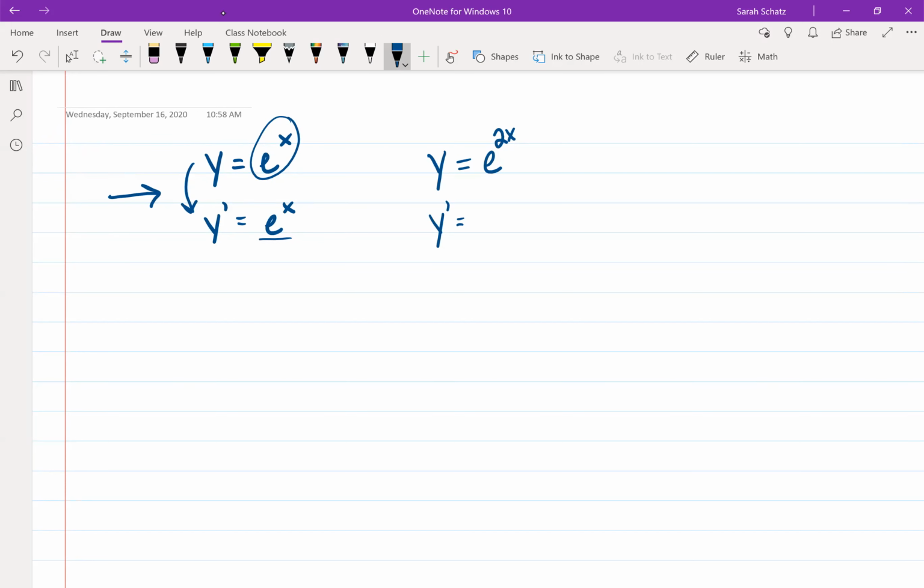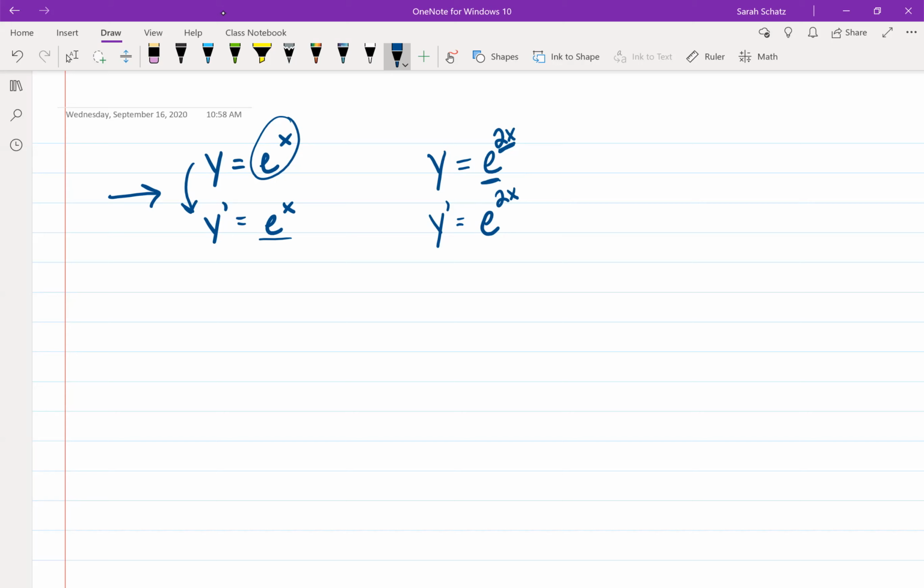So I see the e to the power. Yes, it's to the 2x, but because it's an exponential term, my first technique that I use is the exponential one. I bring the e term down exactly as is. So even though it's not just an x in there, I bring down whatever it is exactly as is.